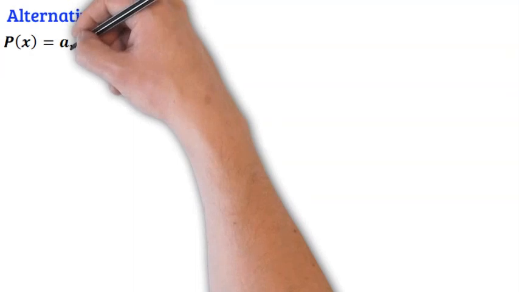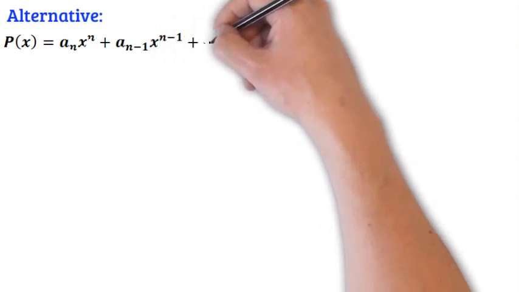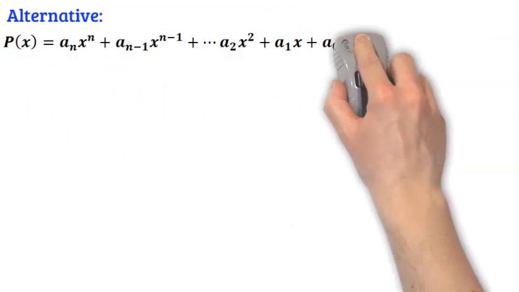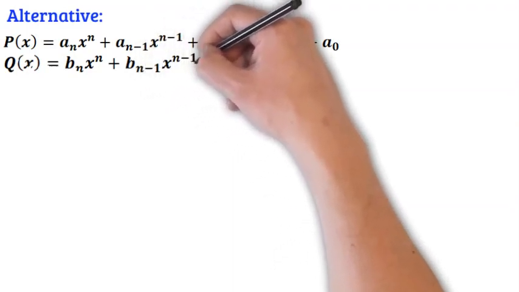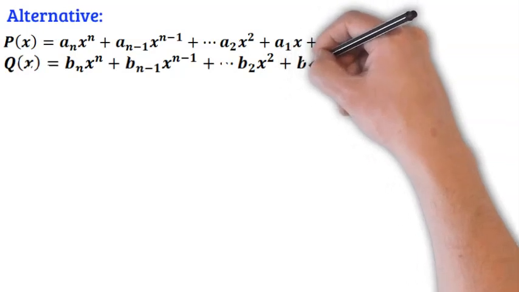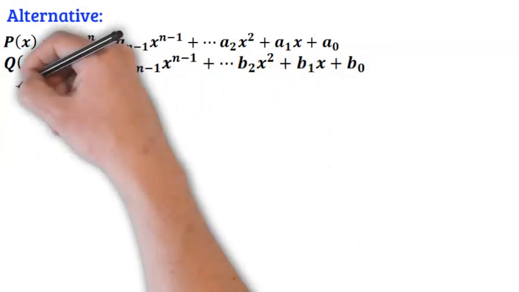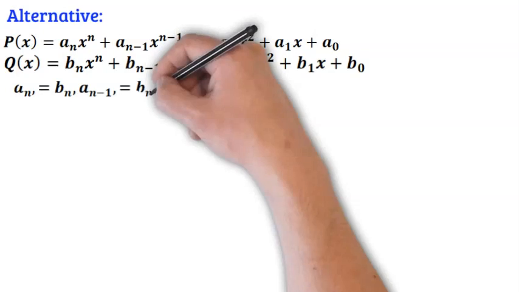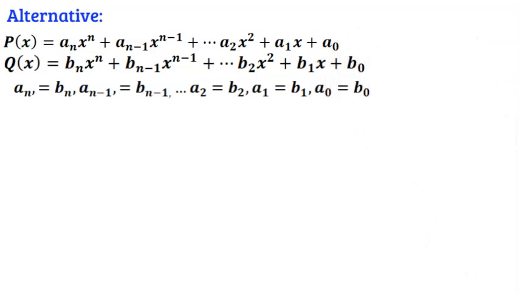Note, in polynomials, we stated that if P(x) equals a_n x^n + a_(n-1) x^(n-1) + ... + a_2 x² + a_1 x + a_0, and Q(x) equals b_n x^n + b_(n-1) x^(n-1) + ... + b_2 x² + b_1 x + b_0 are equal, then a_n equals b_n, a_(n-1) equals b_(n-1), till a_2 equals b_2, a_1 equals b_1, a_0 equals b_0.